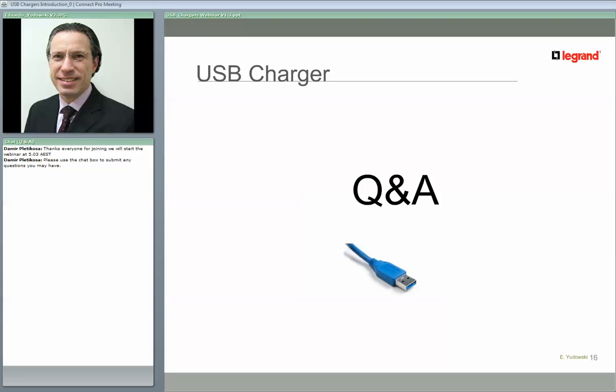It says, how much heat is generated in the wall cavity? Well, the USB chargers that we have are pretty much over-spec'd, in the sense that even if we charge two iPads simultaneously at 2.1 amp per socket, the heat dissipation is very, very minimal.